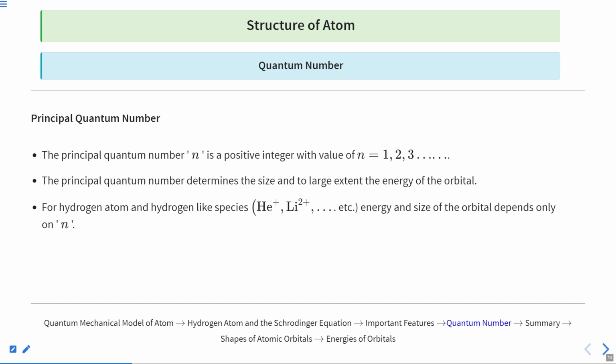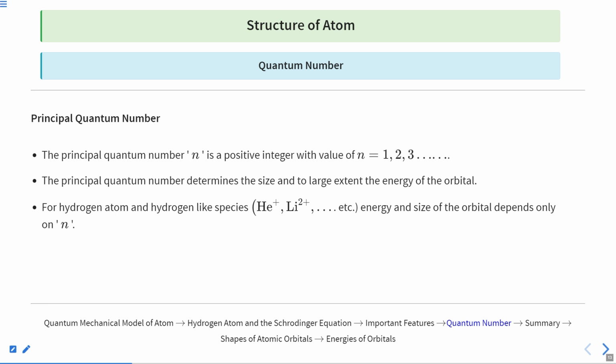So this principal quantum number will give you the size of the subshell. Of course, it will give the energy of the subshell, and in addition to that, it will also give you the size of the subshell. We will see the meaning of this. When you are talking about hydrogen or hydrogen-like species, the size of the orbital only depends upon n.